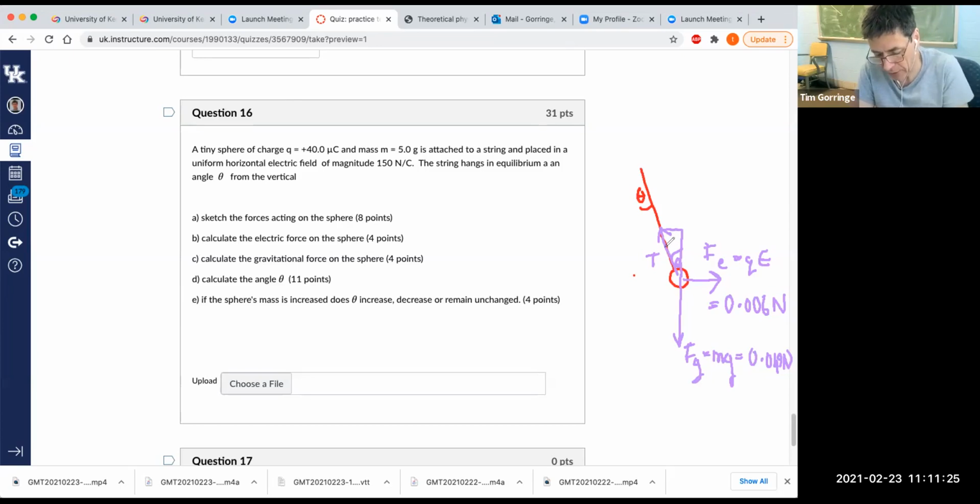Now we've got to calculate the angle of the string. And to do that, I'm going to write down the equilibrium condition for the three forces that are acting: the tension force, the force of gravity, and the electrical force. So we've got equilibrium.